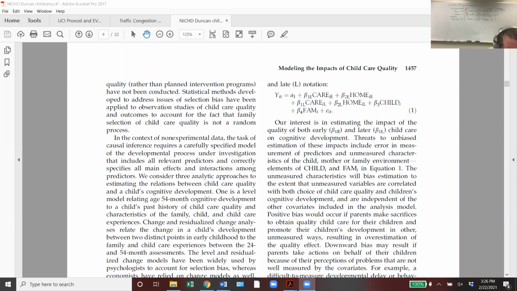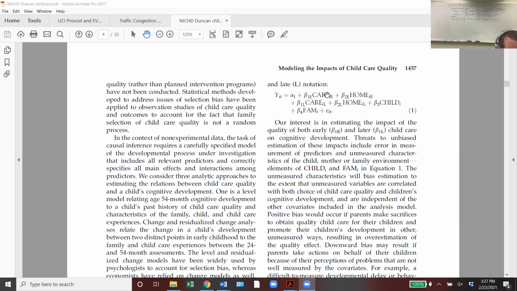We start out with where we started out on the board, which is age 5, 54 months essentially, is a function of, here we distinguish early and late. Early is 0 to 3, late is 3 to 5. So it follows very much what we talked about on the board. So you've got childcare quality early, home quality early, childcare quality late, home quality late.